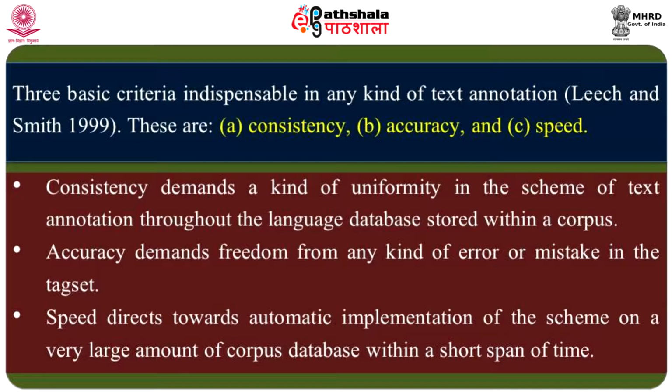Consistency demands a kind of uniformity in the scheme of text annotation throughout the language database stored within a corpus. Accuracy demands freedom from any kind of error or mistake in the tag set. And speed directs towards automatic implementation of this scheme on a very large amount of corpus database within a short span of time.